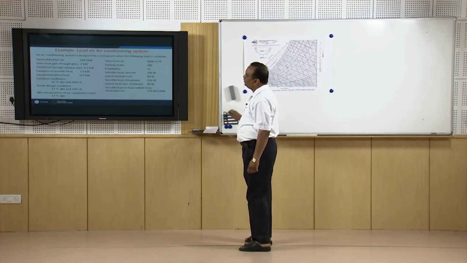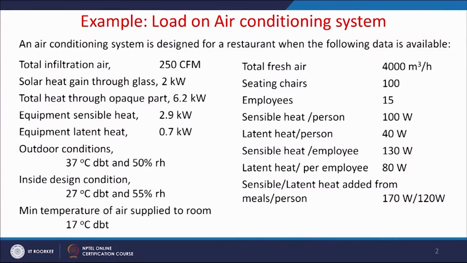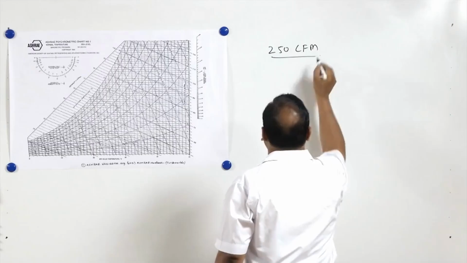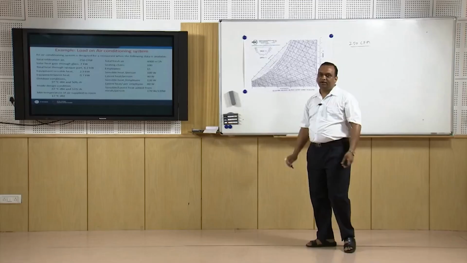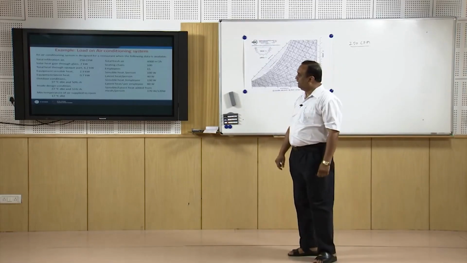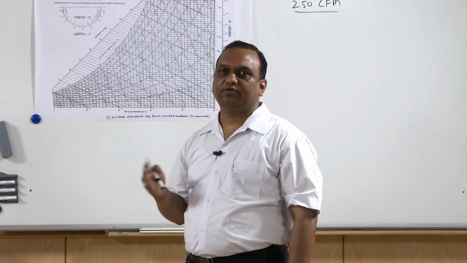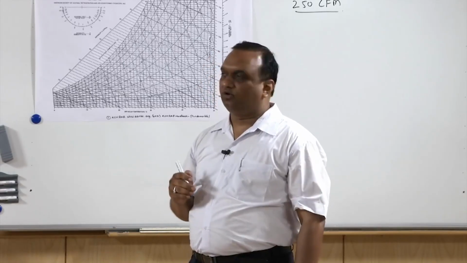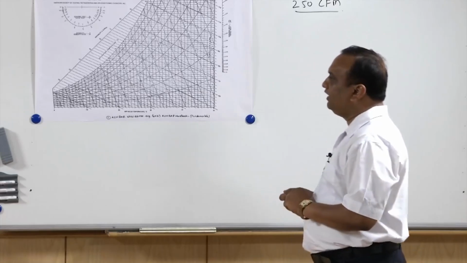So in this problem, first of all, total infiltration air is 250 CFM, because we have buildings which are not airtight. Further, in a restaurant, the customers frequently come inside and go outside. So there is a lot of infiltration.